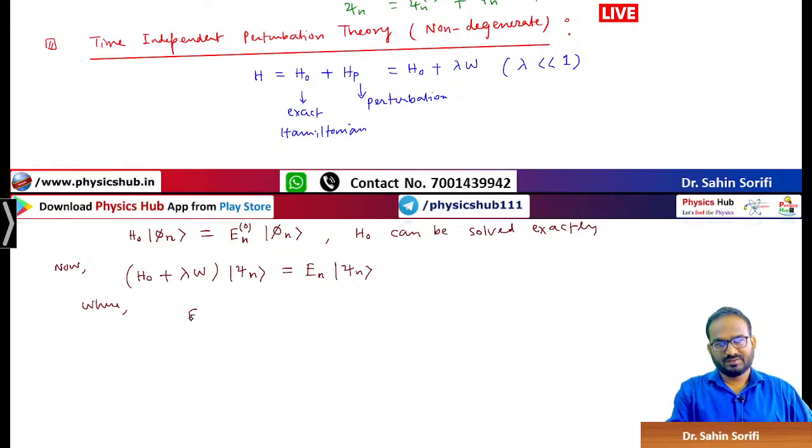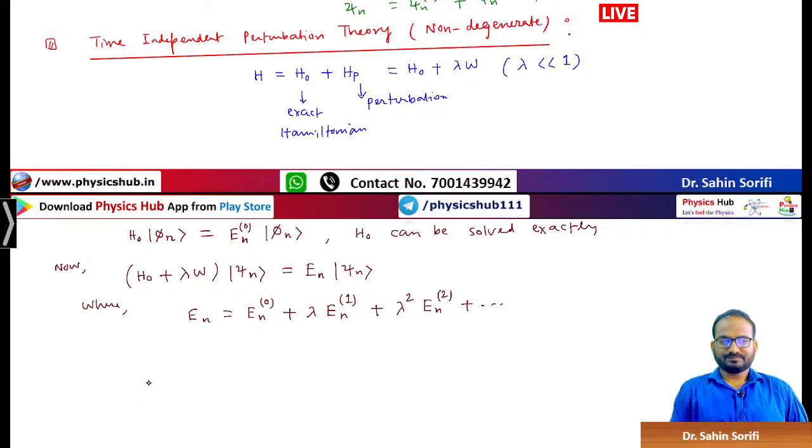Where this En is nothing but En0, the unperturbed energy, plus lambda times En1, the energy with the first order correction, plus lambda square En2, and so on.